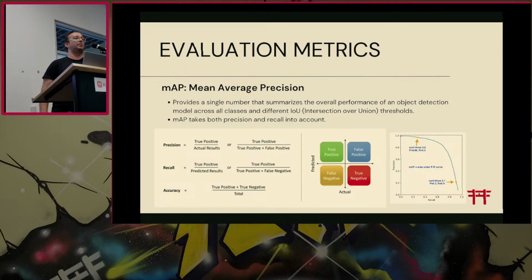Again, it's going to be a number between 0 and 1, where 0 is my model does not perform, and 1 is my model is perfect and makes no mistakes, finds everything that it needs to find, and doesn't miss anything, right? And we do that at a certain threshold. So that's why when we see tables of precision, it's usually mAP at 0.5, right?